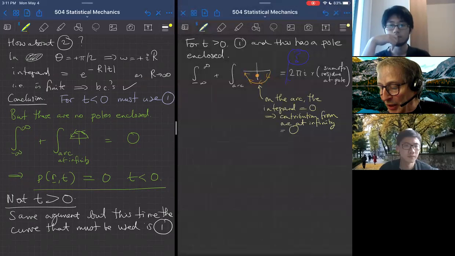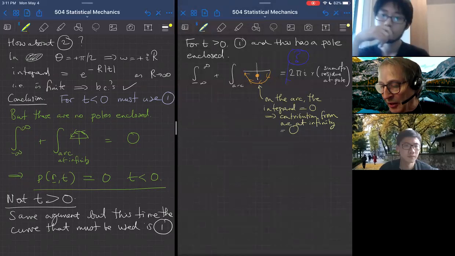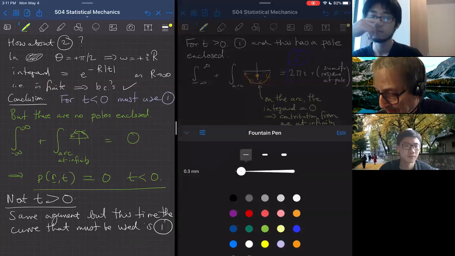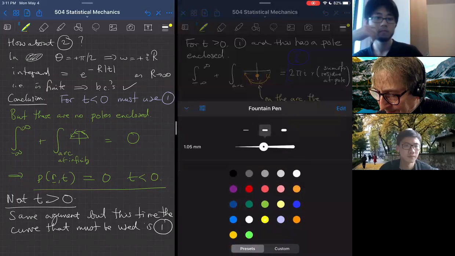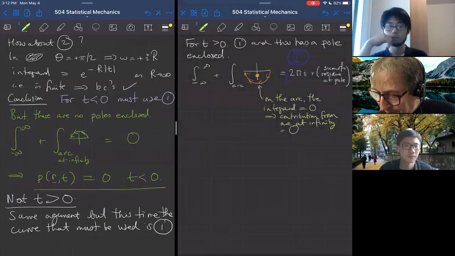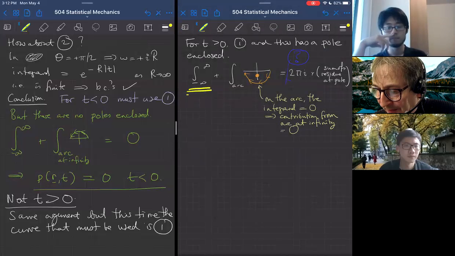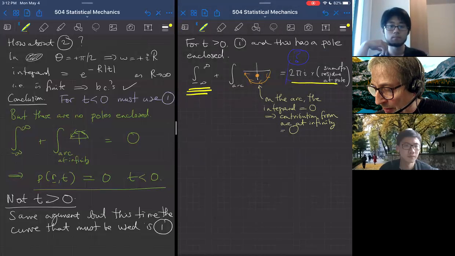So that means that the integral we want is just equal to this thing.